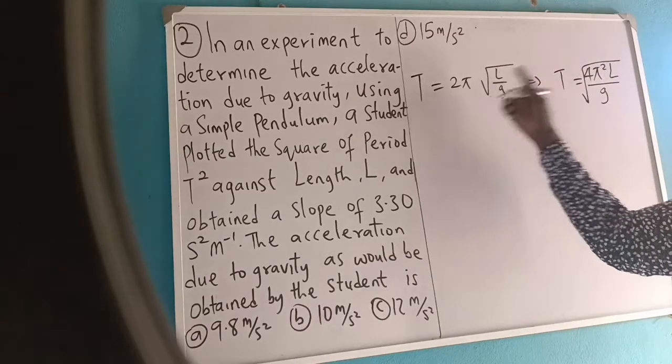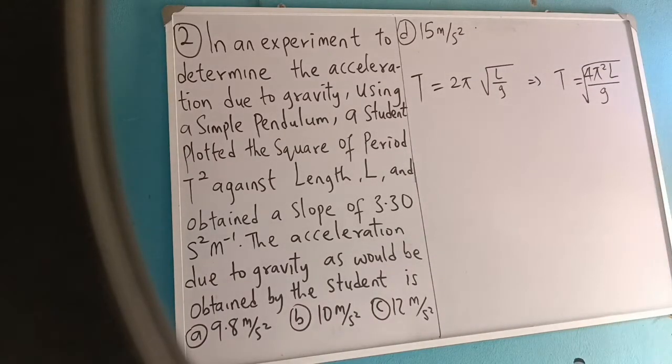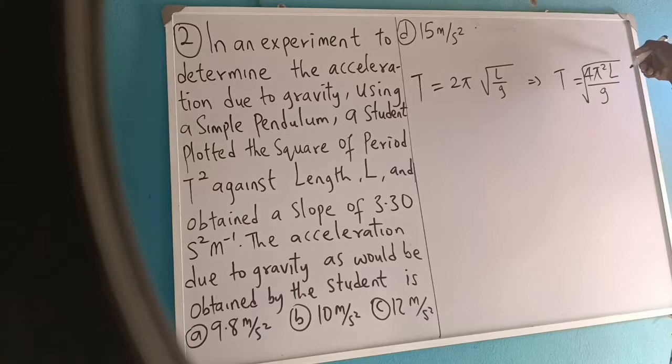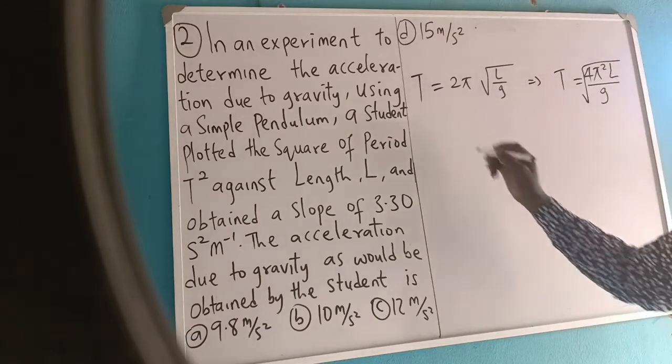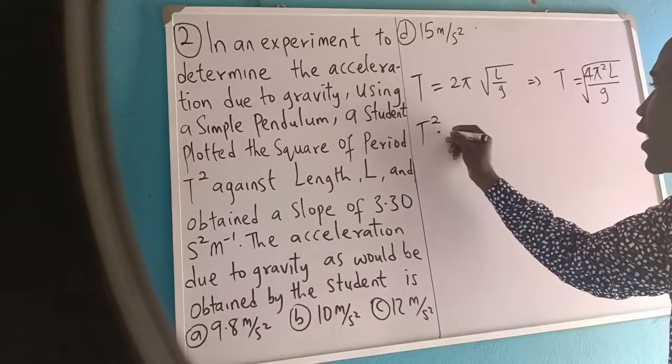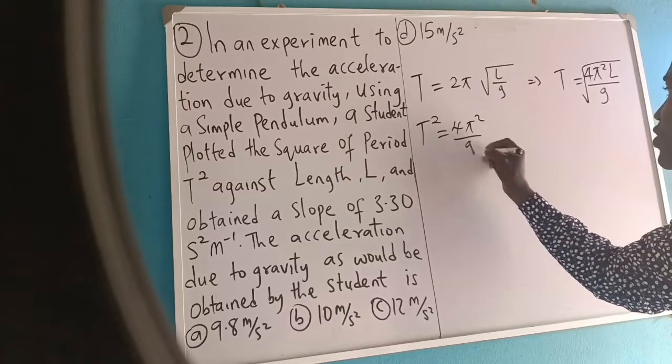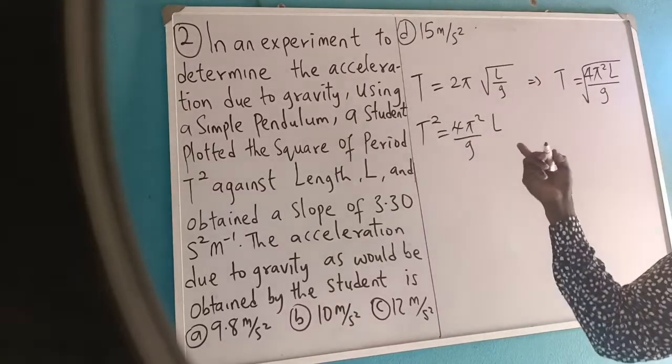I have packaged this inside the square root sign. The next is to remove the square root sign. If I remove the square root sign on one side, I will square the other side. I will say T squared equals 4 pi square all over g L.